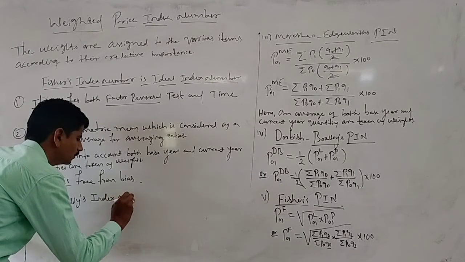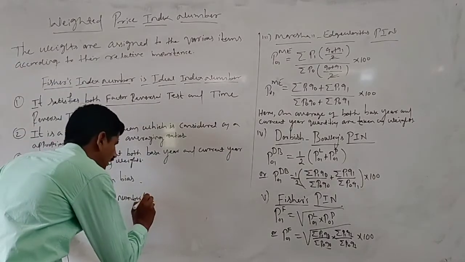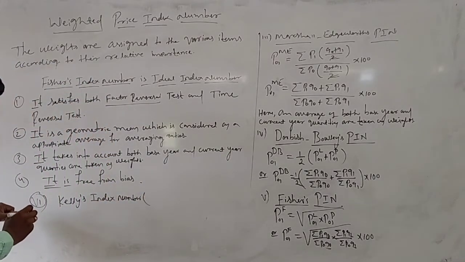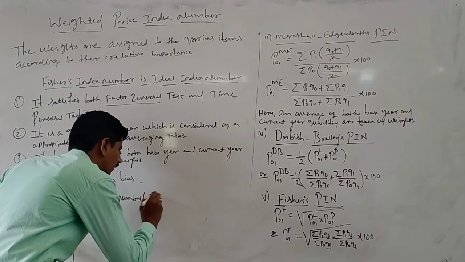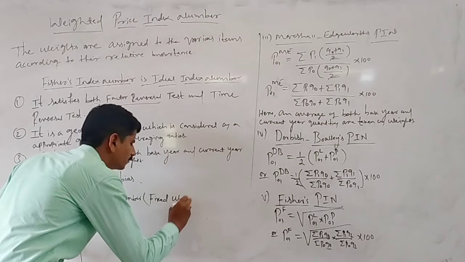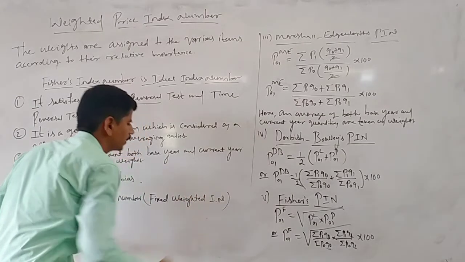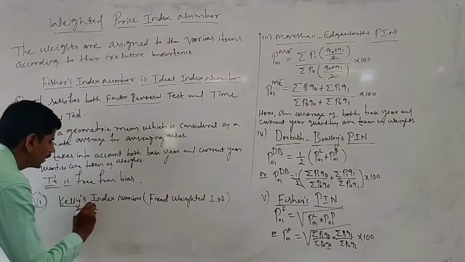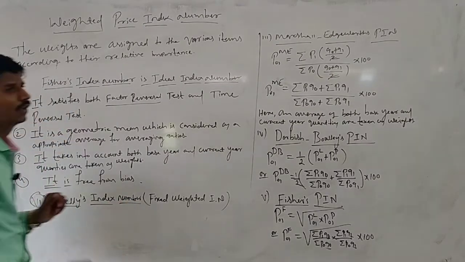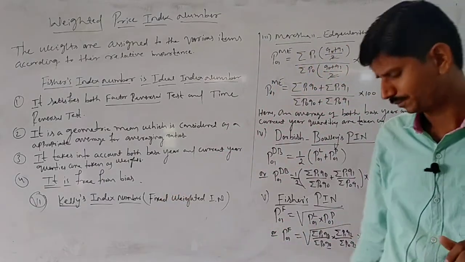Kelly's index number is also called the fixed weighted index number. The last aggregative method is Kelly's index number.